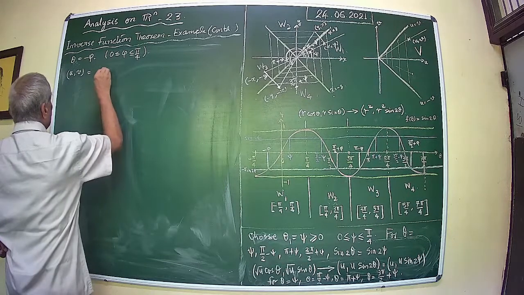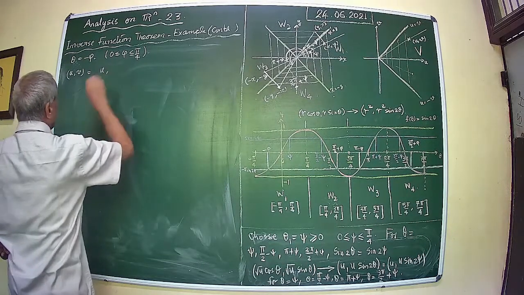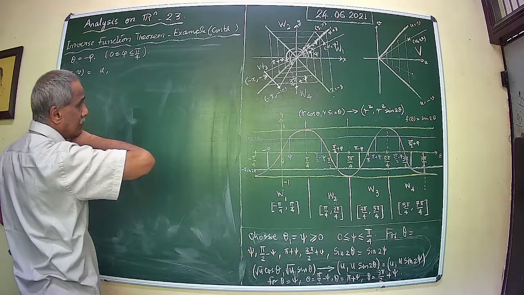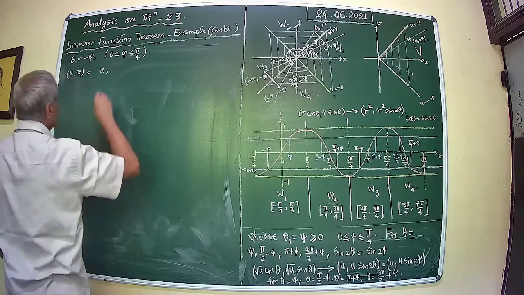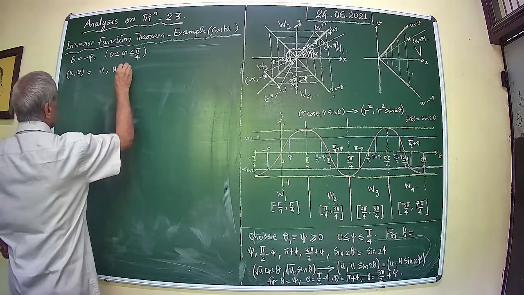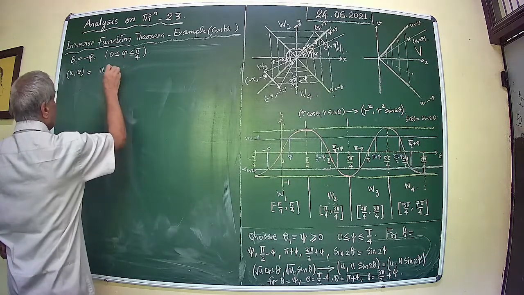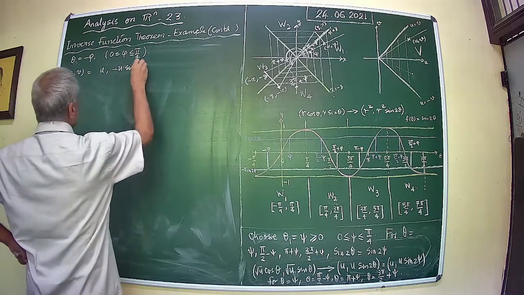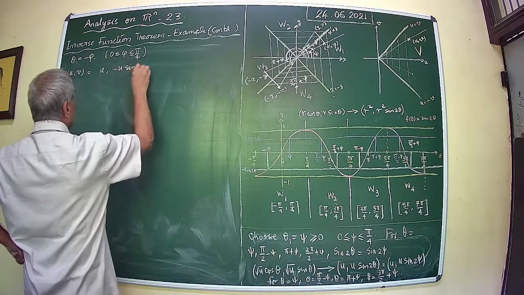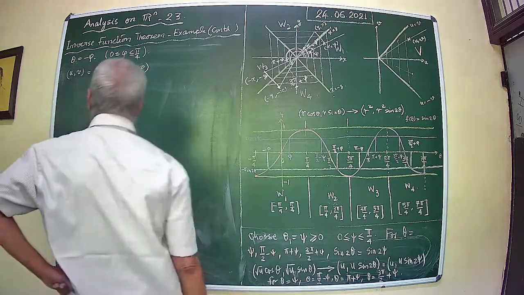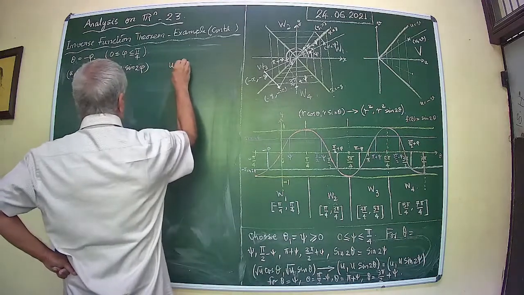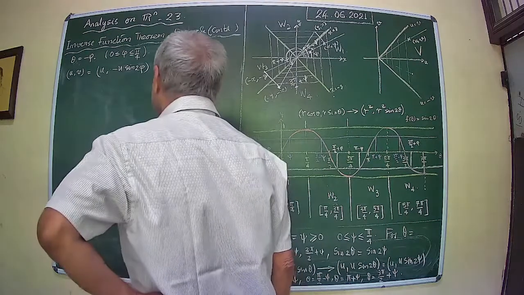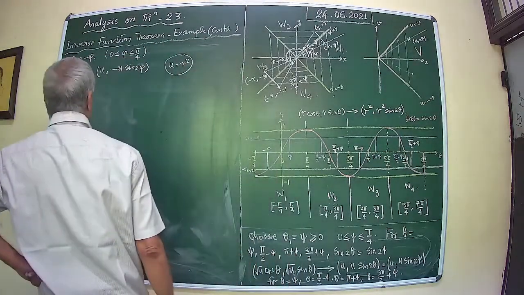It is U cos 2 phi, minus U sin 2 phi. U is equal to R square. So what do you get as R?